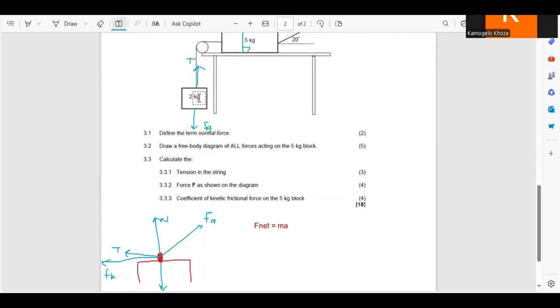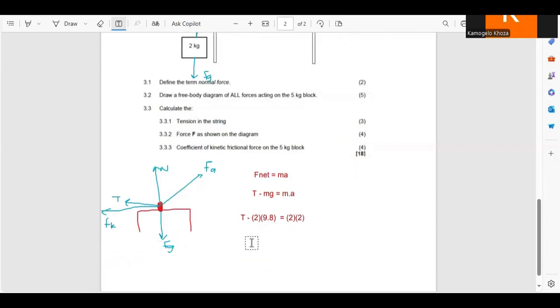Now F net is going to be the sum of our vertical forces in this case. We said up is positive, so it's going to be T minus mg, which equals mass times acceleration. Now we're looking for T, so T minus, what is the mass? It's 2 kg, gravitational acceleration always 9.8, and this equals mass times acceleration. So the mass is 2, the acceleration is also 2.